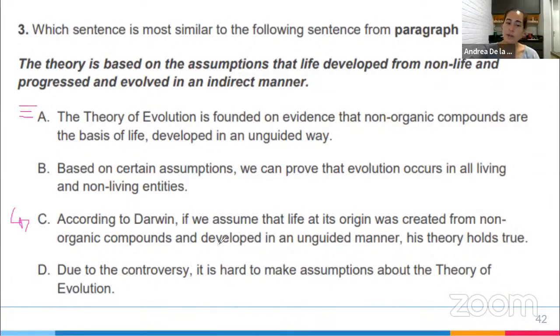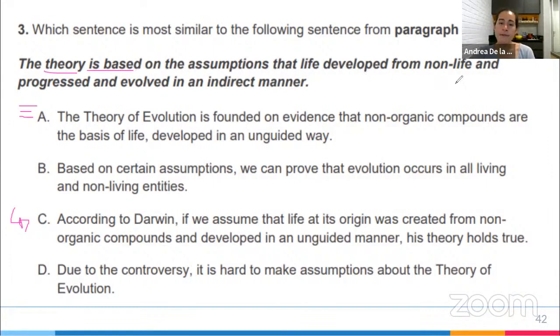Was anyone considering C as an option? And why did you eliminate that option? Why did you go for A and not C? Because everything is great about A. It says the theory, which is the theory of evolution, is founded on, which is the same as saying is based on.